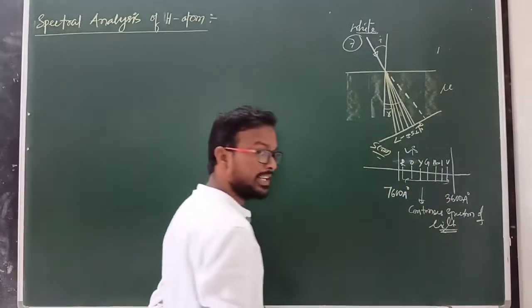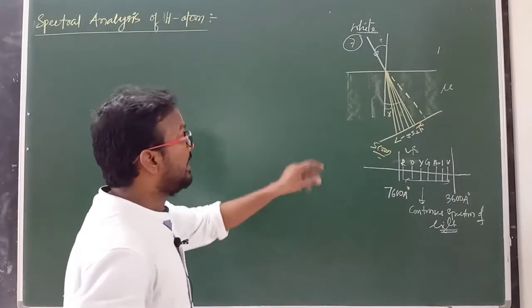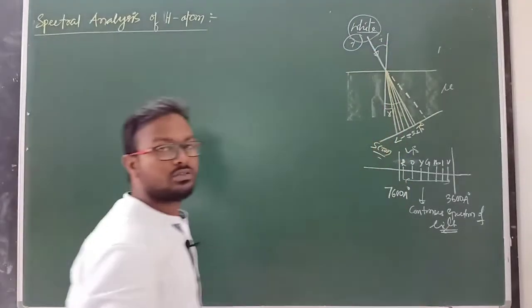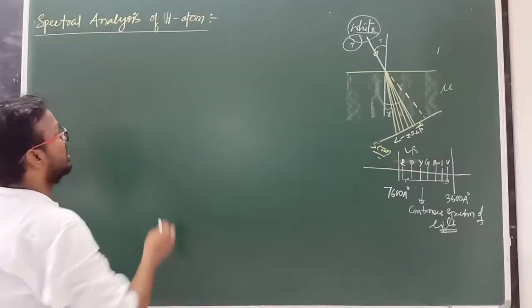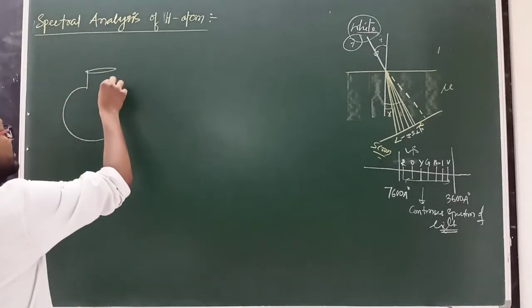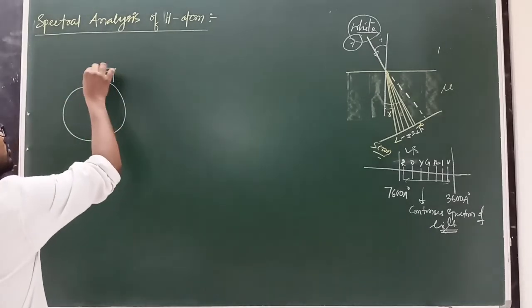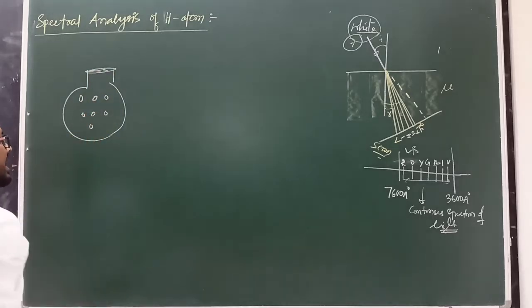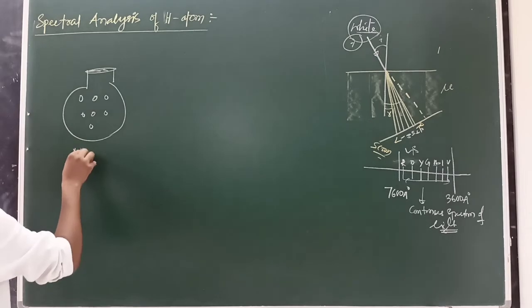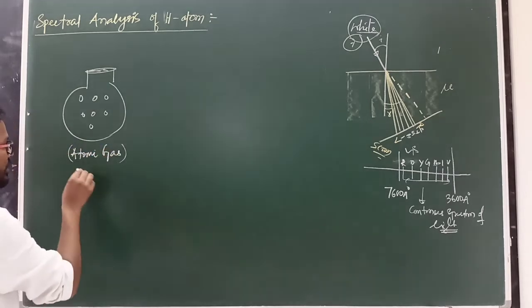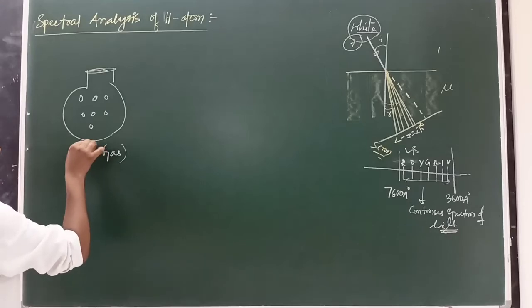It consists of 7 colors. So here this light is white light, but now we have to use a gas, an atomic gas. Suppose there is a container and it contains atomic gas like this. These are atomic gas. Now we have to heat this vessel.